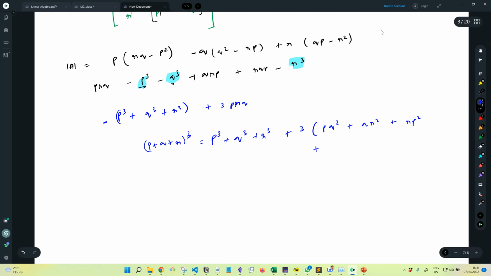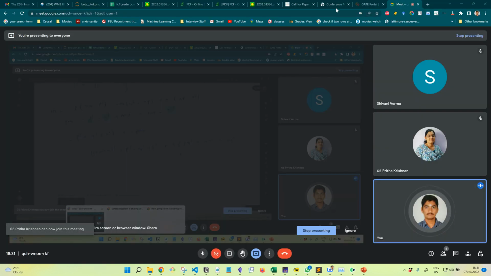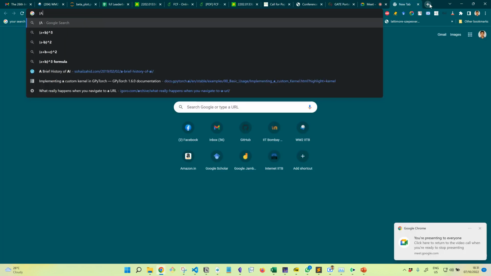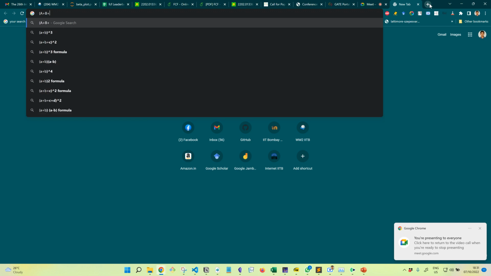Actually, I don't remember the formula for p plus q plus r the whole cube by heart. Let us refer to the formula online. So, a plus b plus c the whole cube.